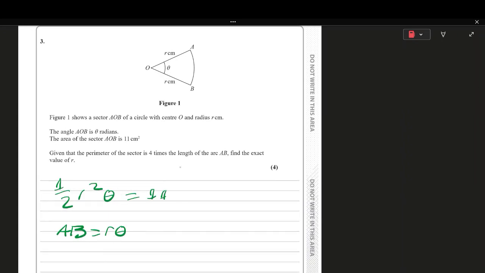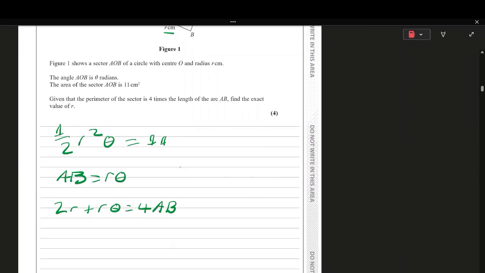So the perimeter would be 2r plus AB, which is r theta, like we just figured. So it's 2r plus r theta is equal to the perimeter. But the perimeter is 4 times AB, and AB is r theta, so it's 4 r theta.